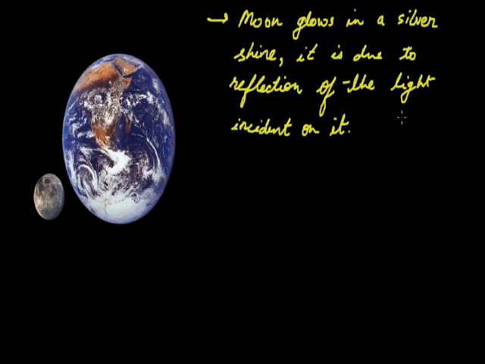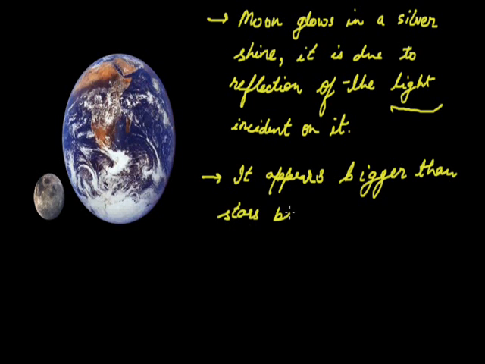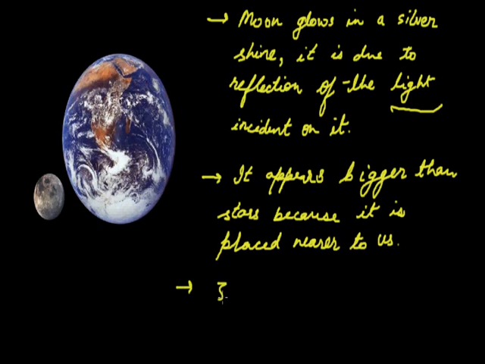The moon looks bigger than the stars in appearance because it is very near to us. Its distance from Earth is 3,84,400 kilometers.